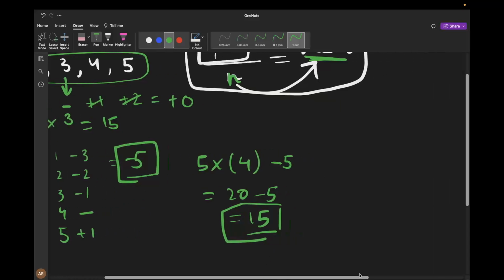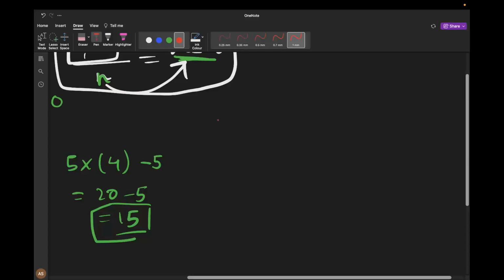Now let's try the same thing with taking 2 as our assumed mean. 1, 2, 3, 4, and 5. This is 1 less, this is the same, this is 1 more, this is 2 more, and this is 3 more. Minus 1 and plus 1 cut out, we are left with plus 5. We are going to add a 5 to what?